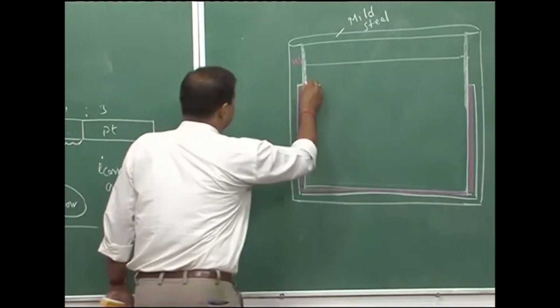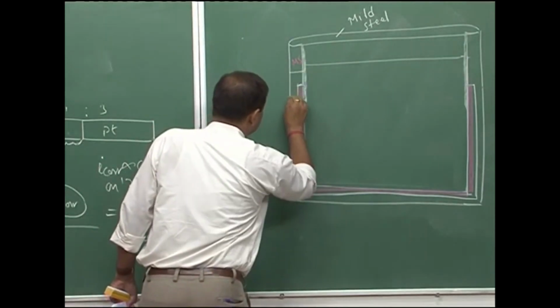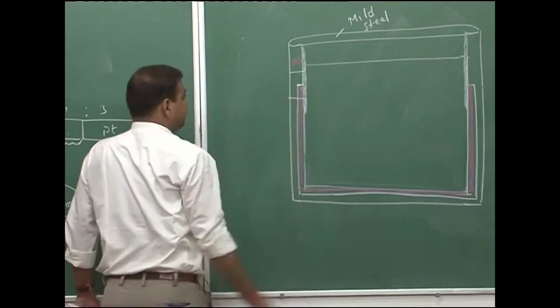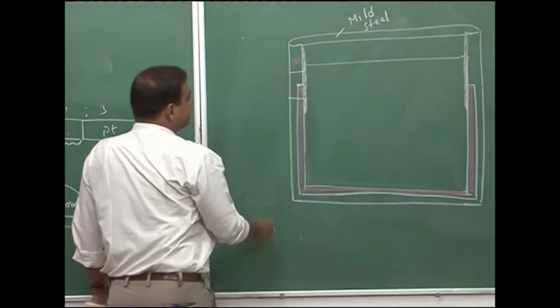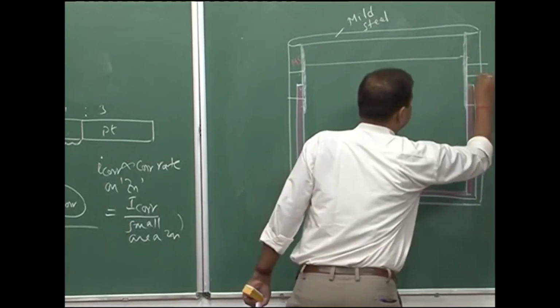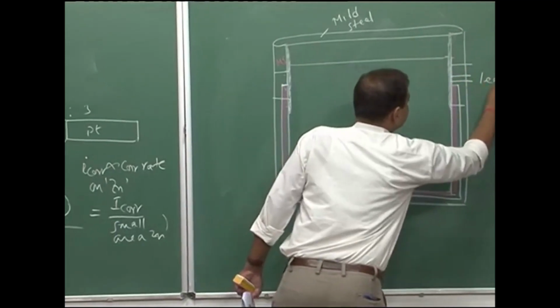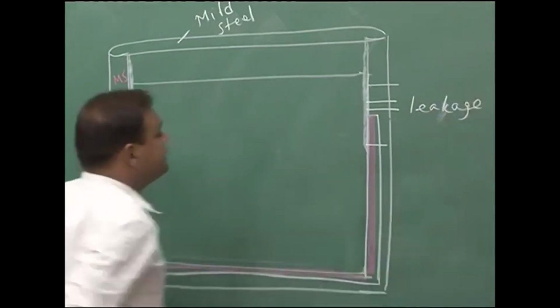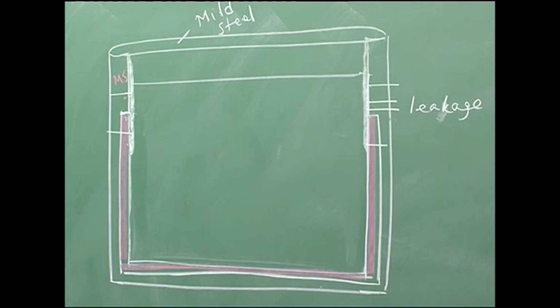Now, after a few months, at the joint section where we have the mild steel and stainless steel joint, there is a possibility of leakage. Why should it happen? And every time we have this situation.